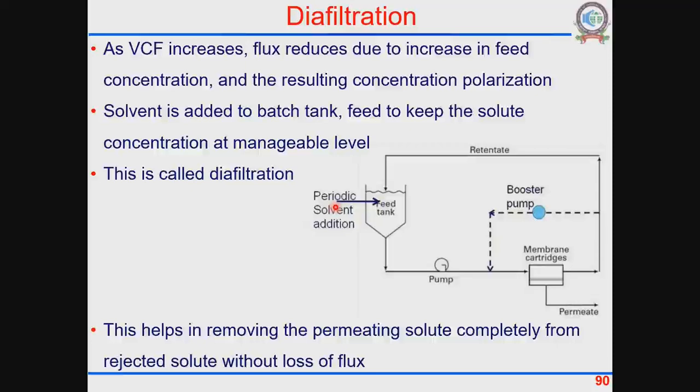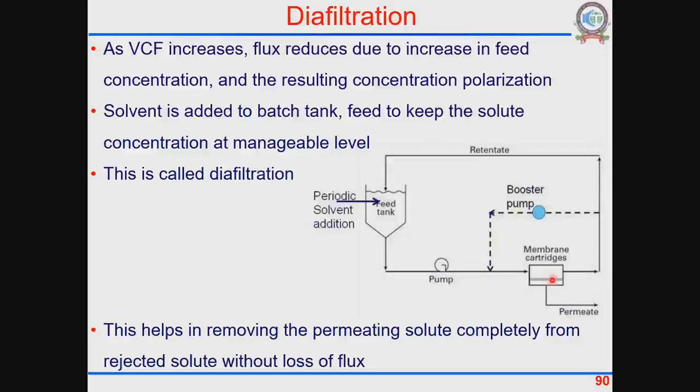Another problem that happens in batch filtration is that as the volume concentration factor increases, the flux declines because of the increase in feed concentration. Also, if the feed concentration increases, the permeate concentration also starts increasing because of the solute going into the permeate side.